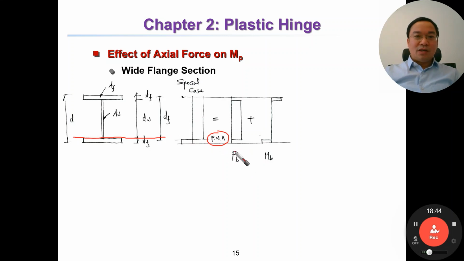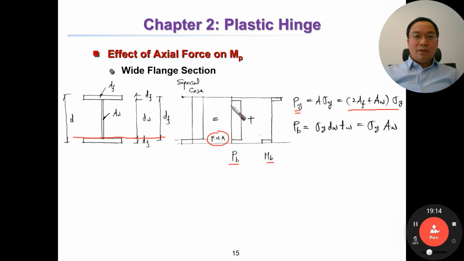For the special case, we can divide into two parts, PB and MB. PB is only for the load in the web, and the moment is only for the flange. So we have MP equal to A multiplied by sigma y, which is for the whole section.